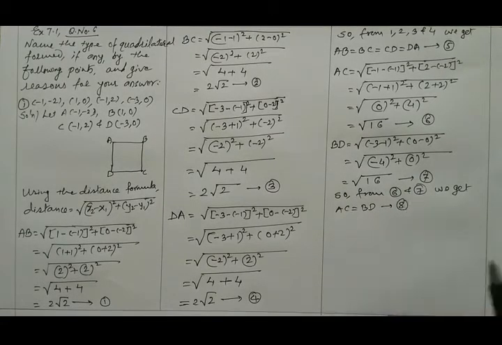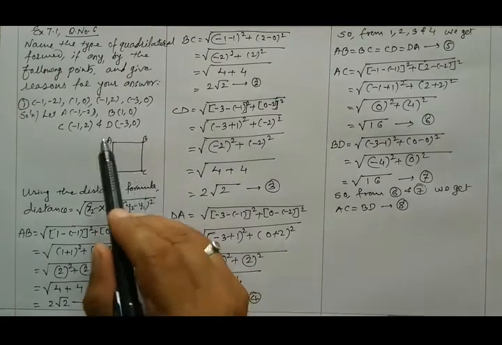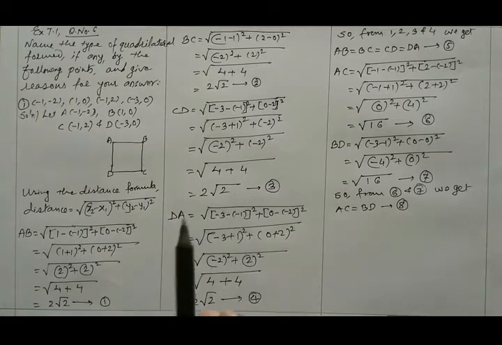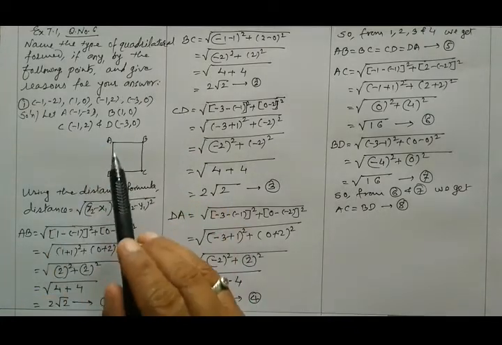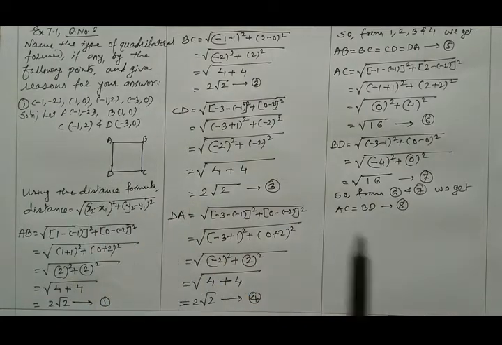So from result number 5 and 8, all sides are equal and all the diagonals are equal. Now if all sides are equal, then you are confused, you can call it a rhombus or square. So we want to confirm. So the length of the diagonals are equal here, it means it is a square.